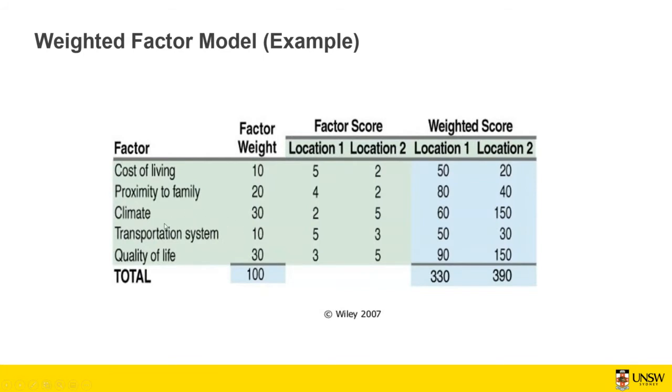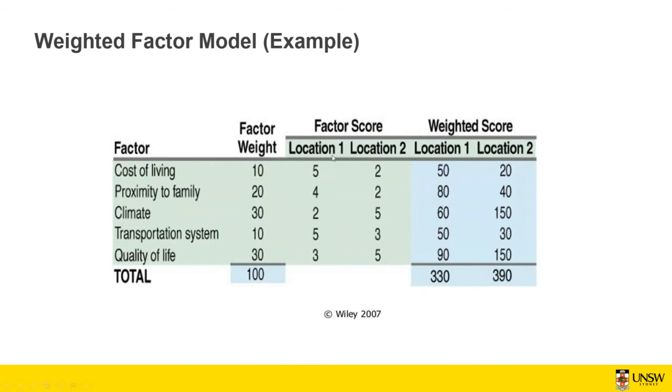The climate is very important to you and the quality of life is very important to you, so these 2 get a higher weight, let's say 30. But maybe the cost of living is not an important factor, because you're a rich person. Or the transportation system, you just want to be close to your workplace or your study place, so transportation is not a big issue for you.